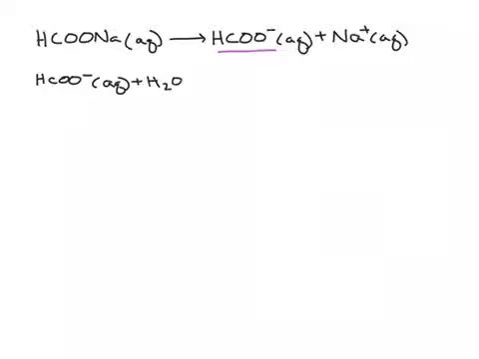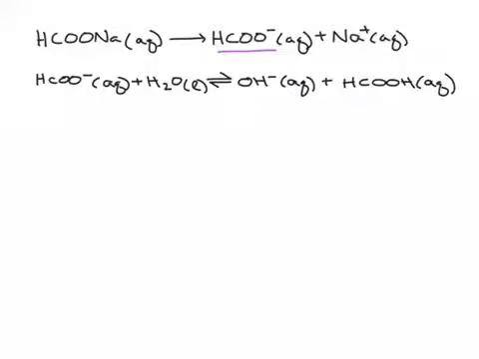You add liquid water, put it in equilibrium with hydroxide ion, and the conjugate acid. The third equation, as you are beginning to suspect, is the autodissociation of water.